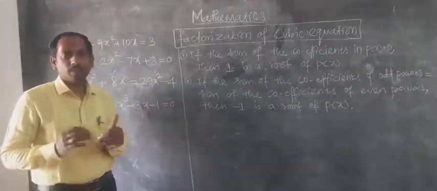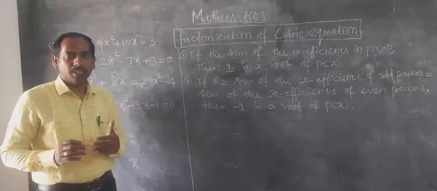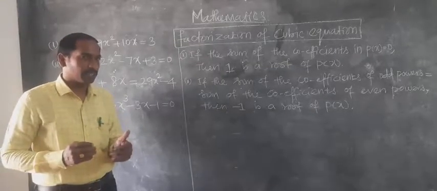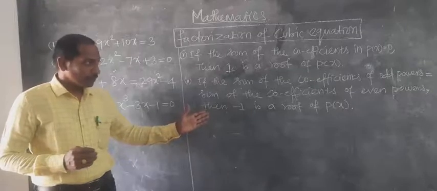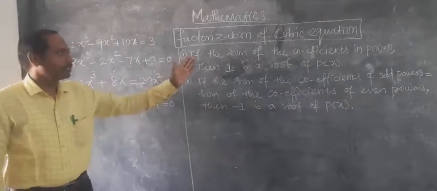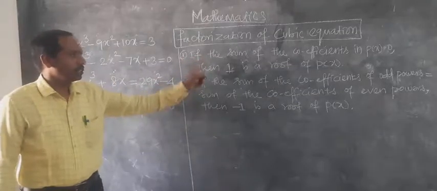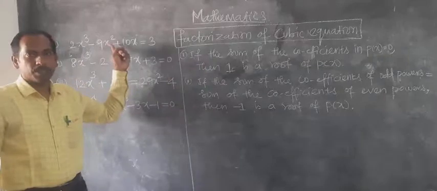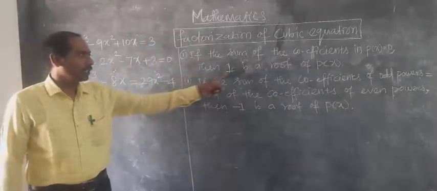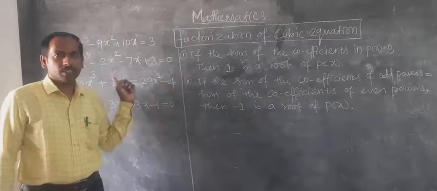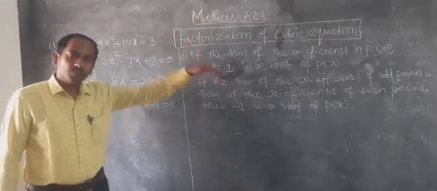But 2 and minus 2, and 3 and minus 3, we want to verify properly using synthetic division. But here 1 and minus 1 we can find directly. Whichever point is suitable to the cubic equation, directly you can write that 1 is a root for this equation, or minus 1 is a root for this equation. What are the other 2 roots?